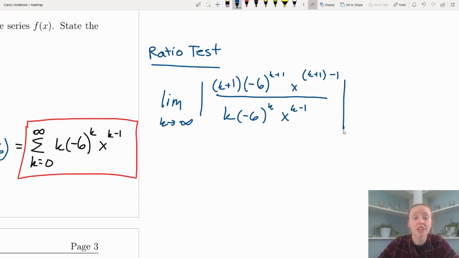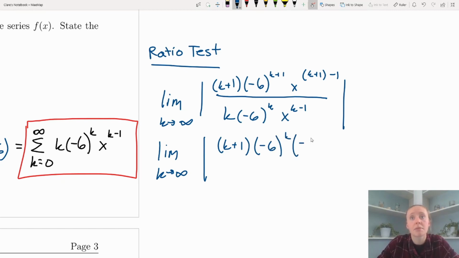Now, a bunch of things are going to cancel out for us as we simplify this down. So I'll have the limit as k approaches infinity of, I'll leave k plus 1 as is, but -6 to the k plus 1, I'll write as -6 to the k times -6. And then x to the k plus 1 minus 1 will be x to the k.